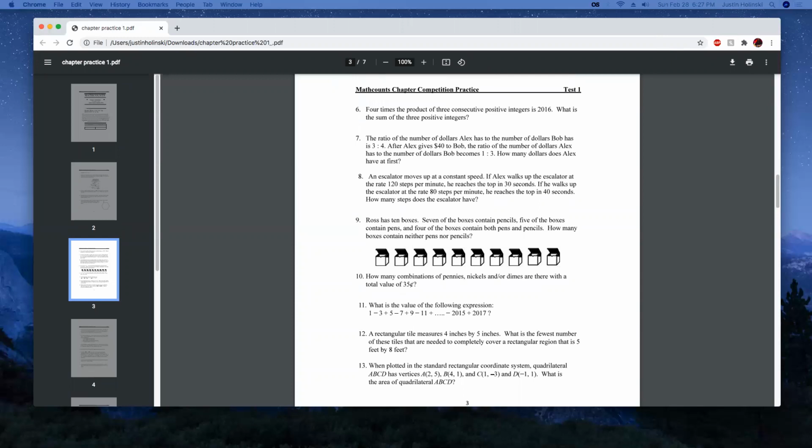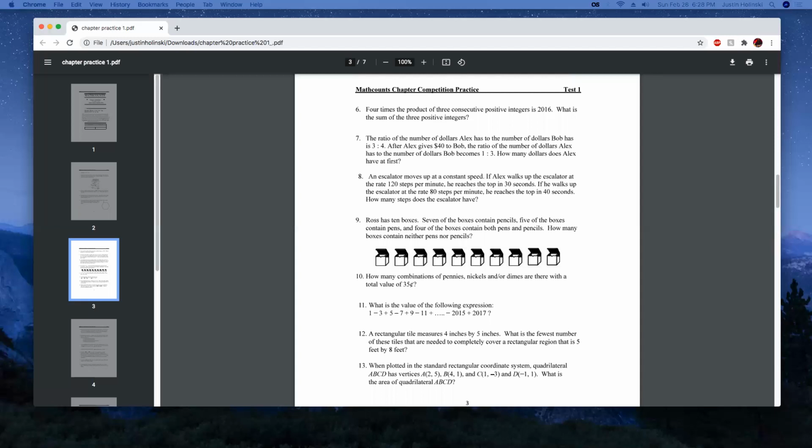Sure. Okay. So the way I solve this one, it's 4 times the product of. Okay. So first I just divided 2006 times 4 by 4. So I got 504.